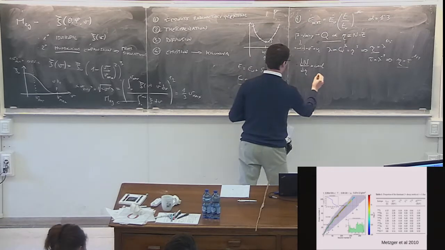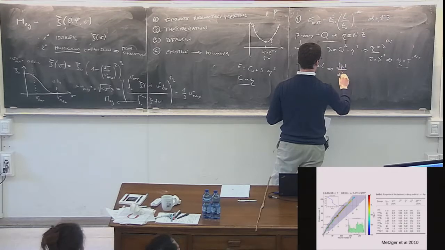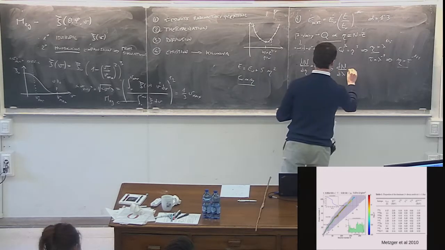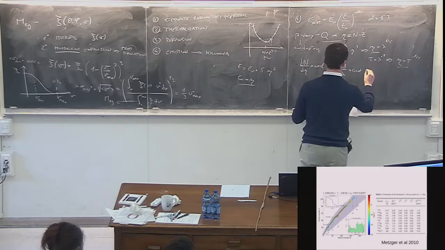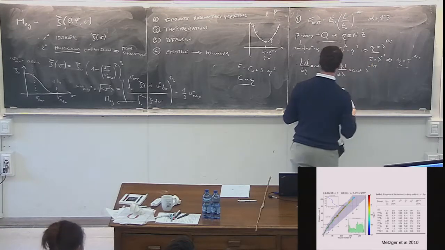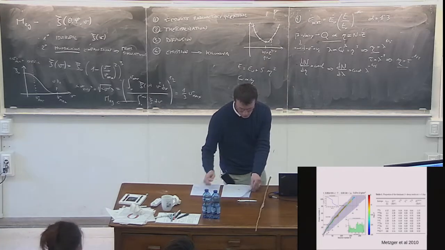So I can describe the number of nuclei as a function in the lambda space, and this becomes a constant times lambda to the -4/5. I can do something similar also for tau.